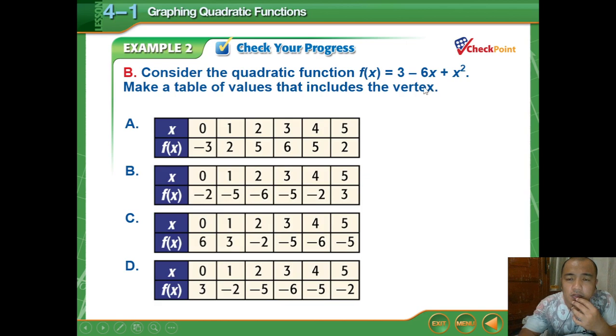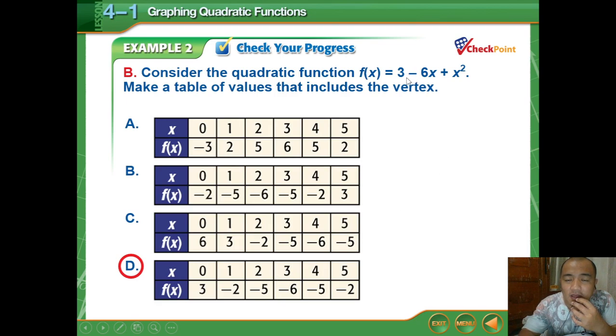Okay, so 3. How about f of x? If this is 3, then 3 minus 18, negative 15, plus 9, is negative 6. I thought it was A, but the answer is D: 3, negative 6.